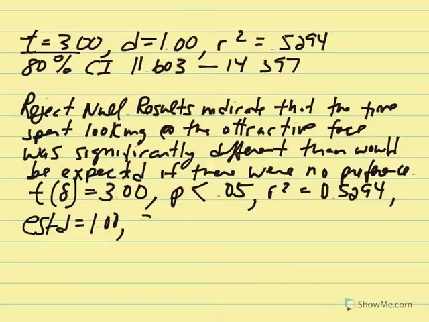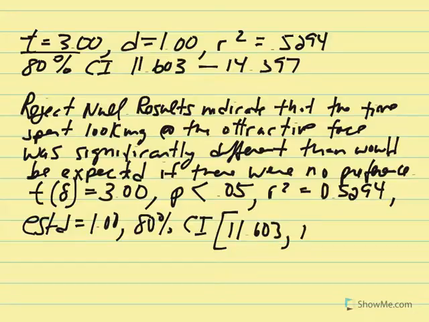So we could say 80% confidence interval, and within brackets the range of that interval, which was 11.603, comma, 14.397. Close the bracket, and then our period to end this concluding statement.